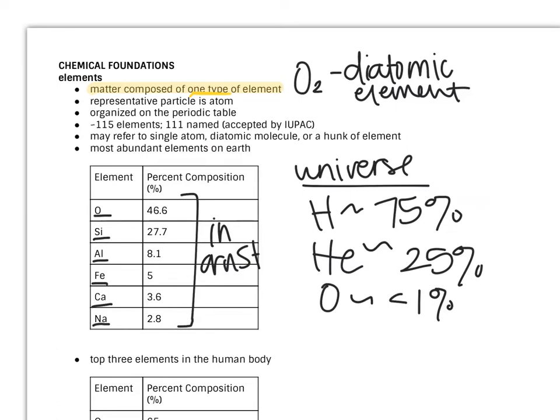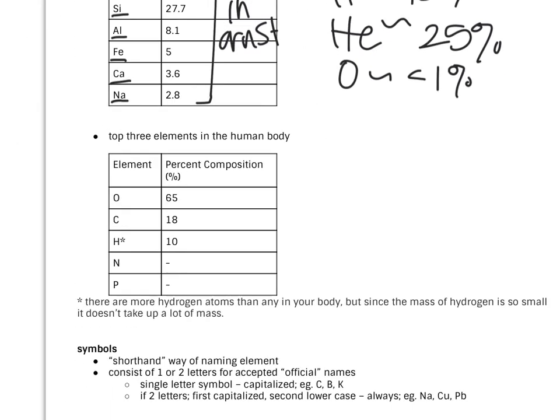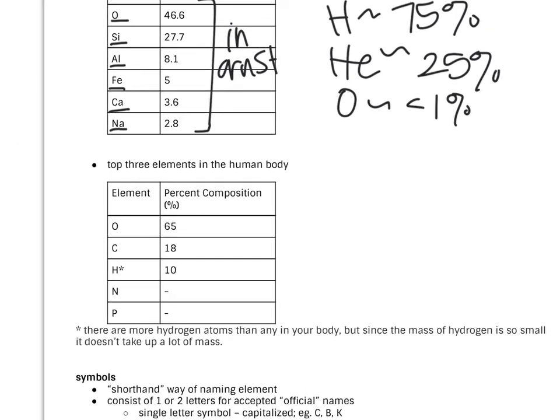Now we'll move on to the top 3 elements in the human body. So hopefully, if you had me for biology or any biology class, you're a bit familiar with this. So the number 1 element is oxygen.